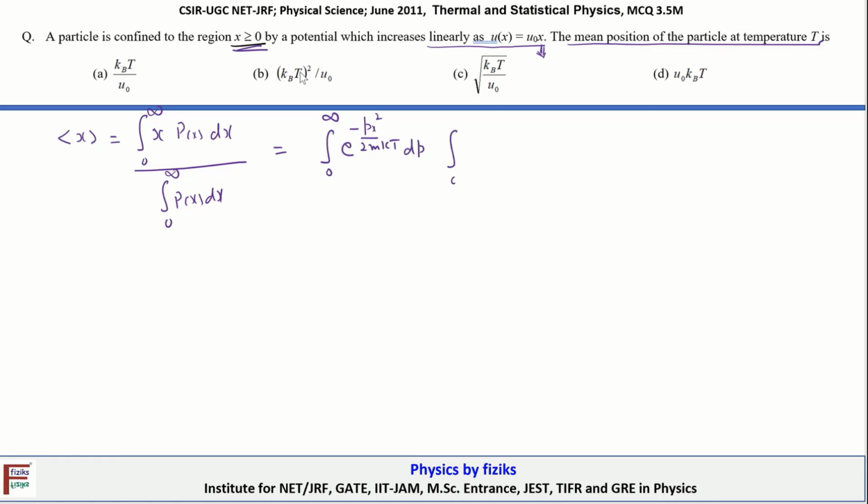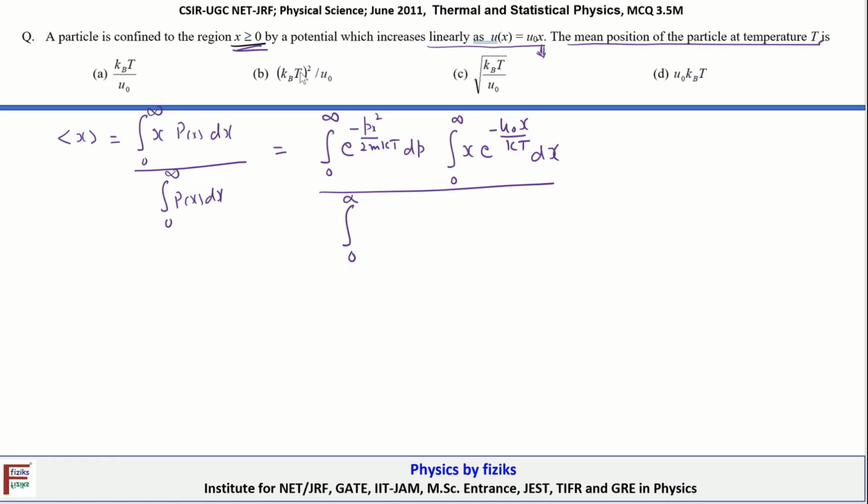Then the other integral involving the potential energy, 0 to infinity of x exponential minus u naught x upon kT dx, and the denominator again is the probability.